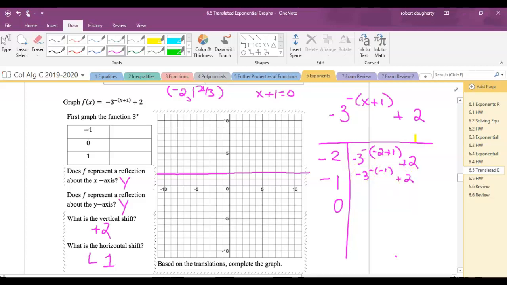What's negative of negative 1? 1, right? So this is negative 3 to the 1 plus 2. Okay. What's 3 to the 1? 3. 3 to the 1 is 3, right? When you stick a negative in front of it, what do you get? Negative 3. Negative 3 plus 2 is?